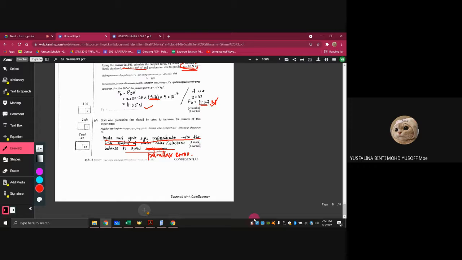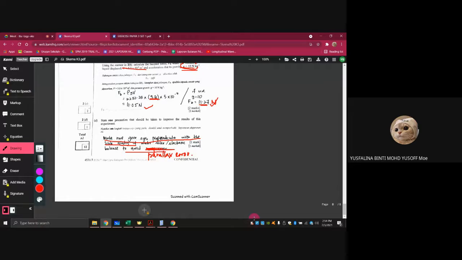Another one, if the experiment is a light experiment, then you can say the experiment should be conducted in a dark room. That is the precaution. If they want two precautions and the experiment is about light, you can put do the experiment in the dark room.